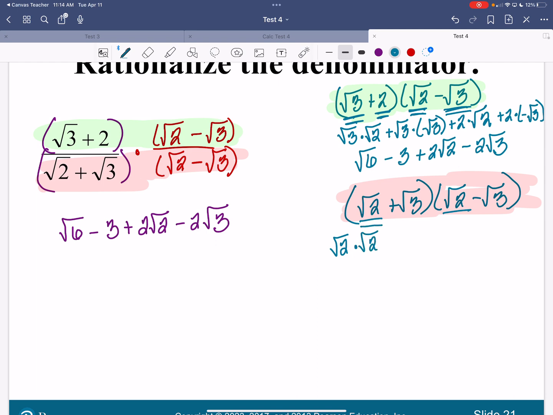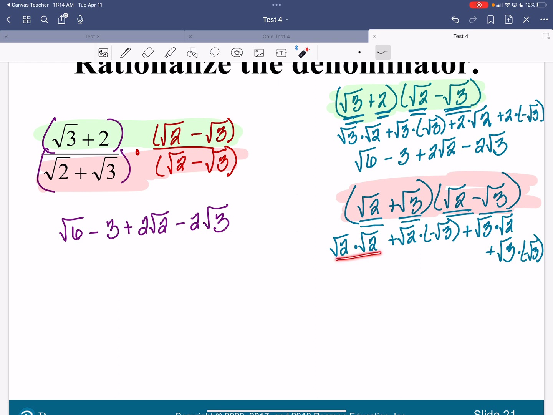Then I have the square root of 2 times negative square root of 3. Okay, plus square root of 3 times square root of 2. And then I've got plus square root of 3 times negative square root of 3.